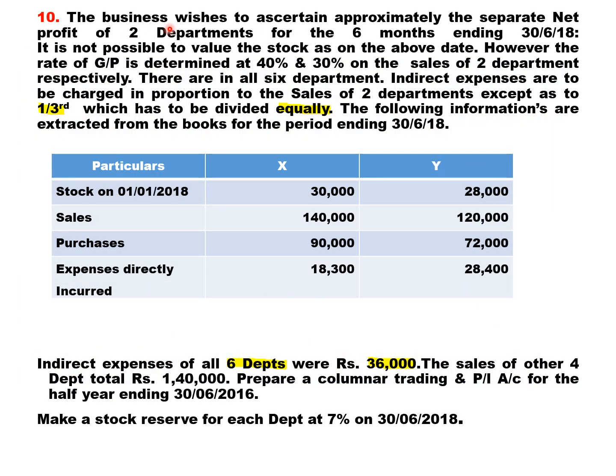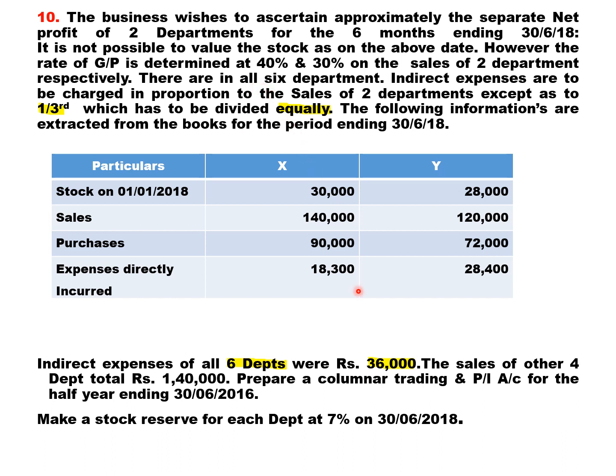So the 10th question. The business wishes to ascertain approximately the separate net profit of two departments for 6 months ending 30th June 2018. It is not possible to value the stock as on the above date. However, the rate of GP is determined at 40% and 30% on the sales of the two departments respectively.